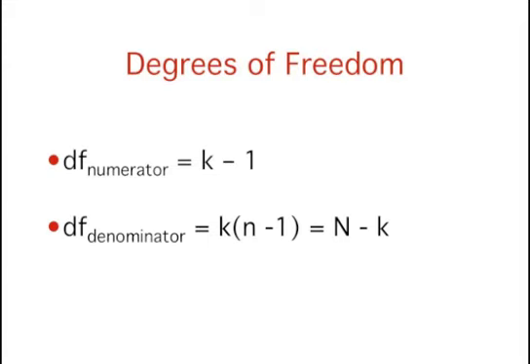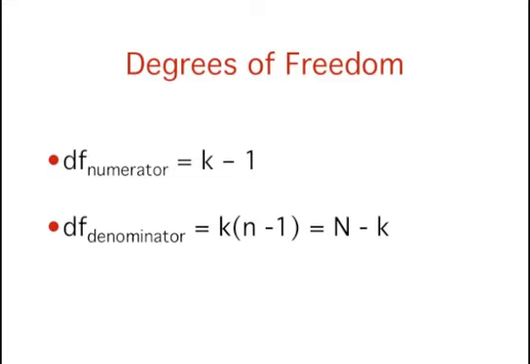As stated previously, the shape of the F distribution depends on the sample size. More precisely, it depends on 2 degrees of freedom, or df, parameters, one for the numerator, MSB, and one for the denominator, MSE. Recall that the degrees of freedom for an estimate of variance is equal to the number of scores minus 1.